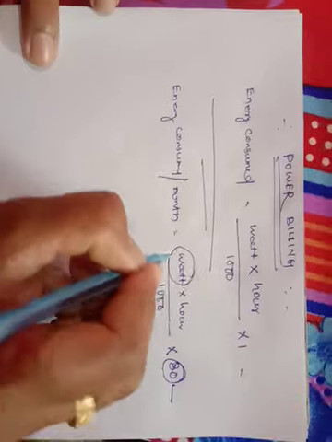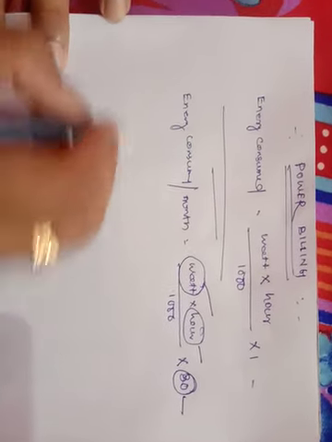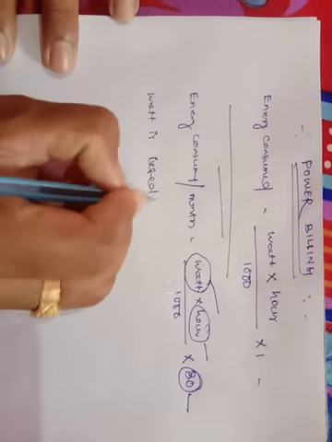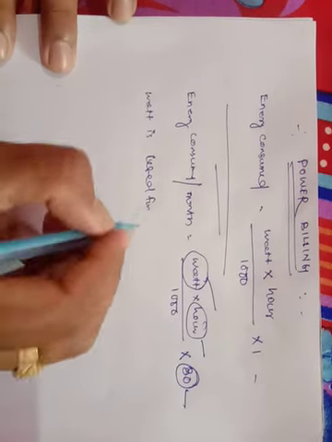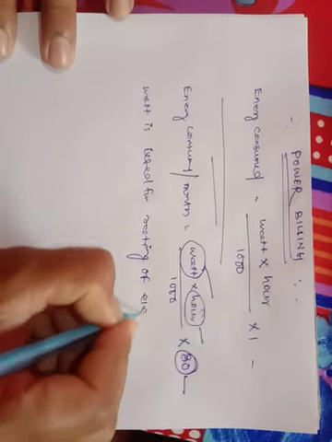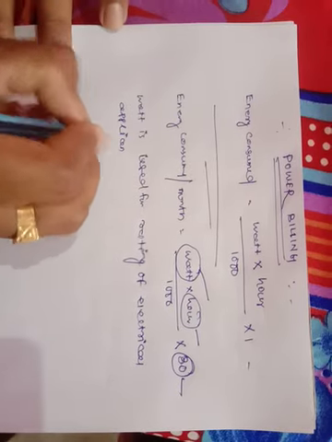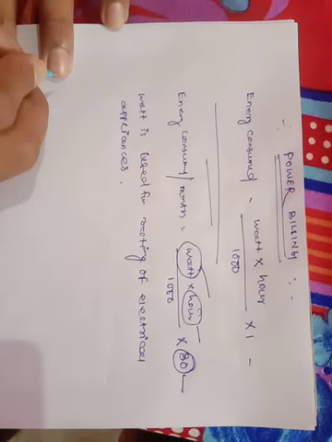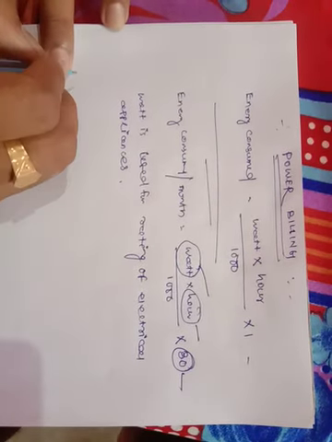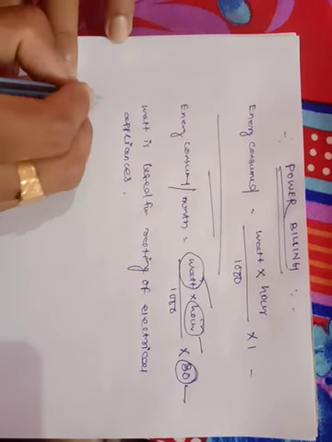First we have to see what watt and hour represent. Watt is used for the rating of electrical appliances, and we already know the unit of power. Next is the hour, which is the time of appliances.